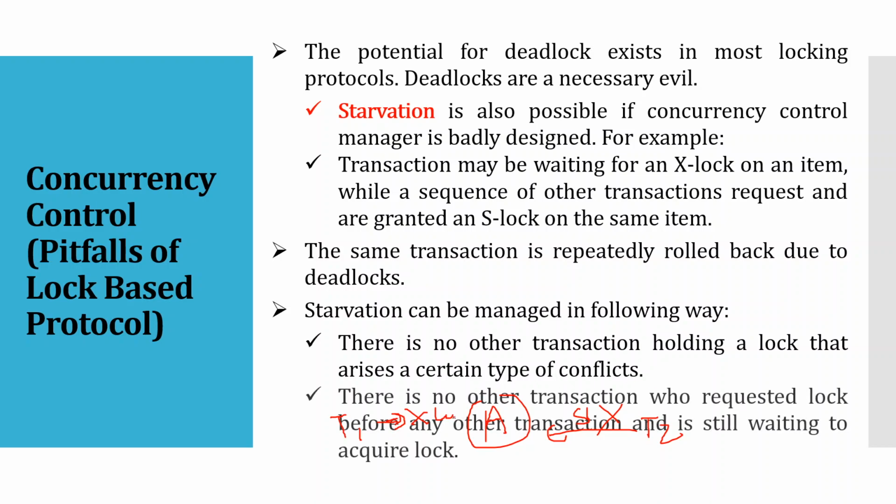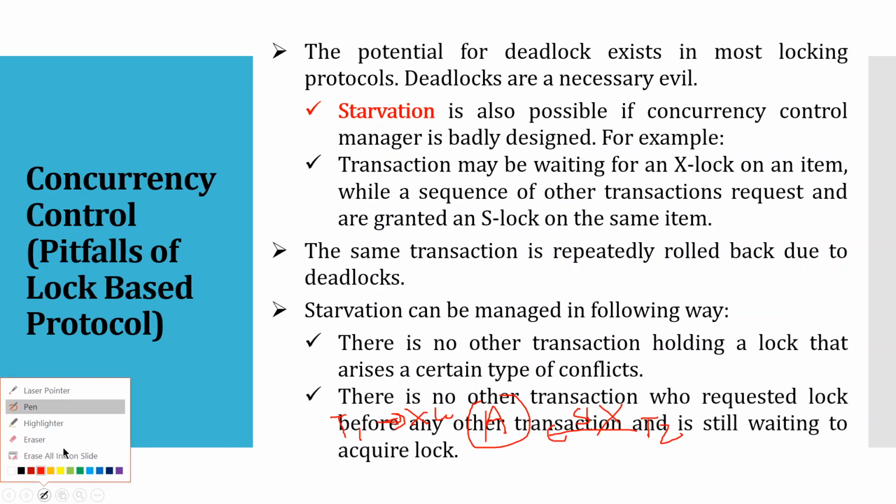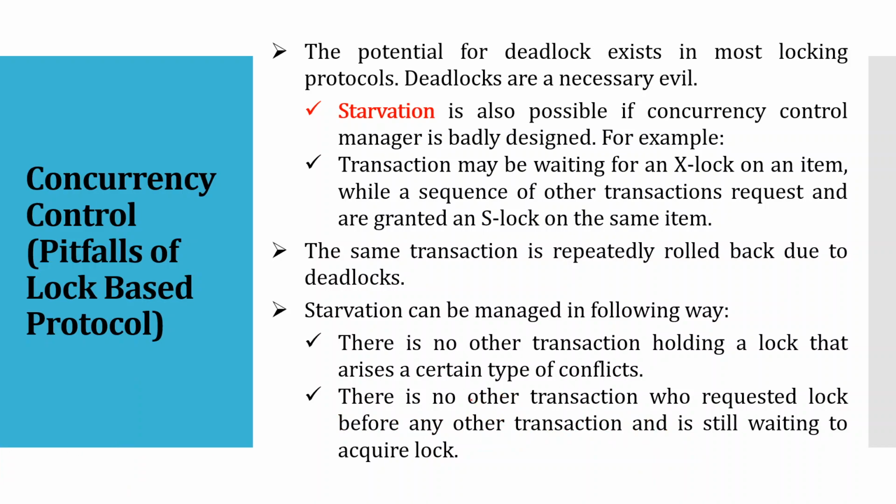This is the rule, that if some transaction has already requested some lock earlier, then no other transaction coming after that particular transaction must be granted its request. It should make sure that earlier transactions will not be in a wait state.